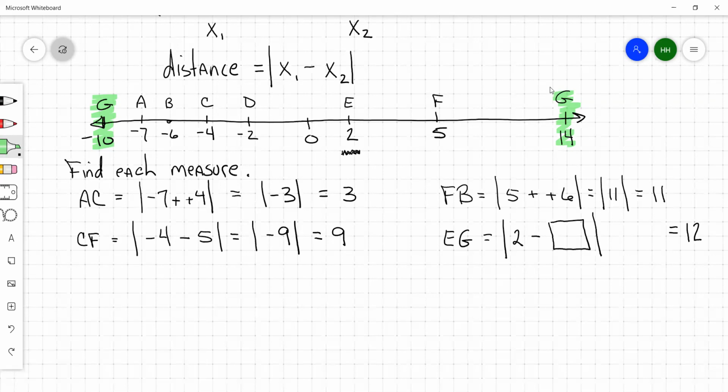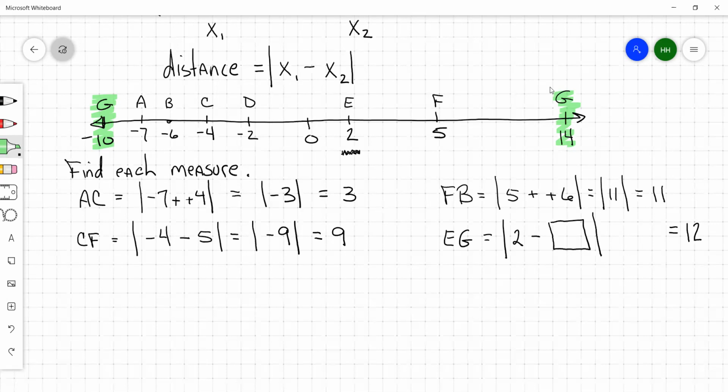I don't even think this is going to be a question in your assignment, but I just wanted to see how many of you understood that if something has to be 12 units away, what is 12 units away from E to the right, and what is 12 units away from E to the left? All right. So 14 is to the right, and -10 is to the left. That's all I was trying to get at.